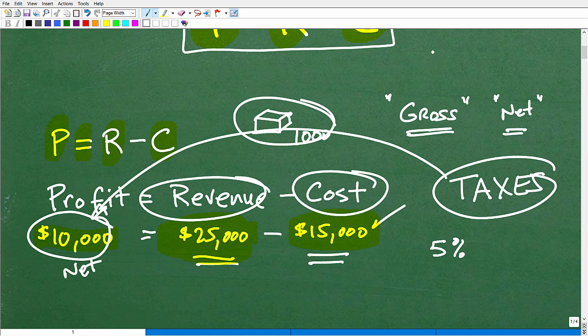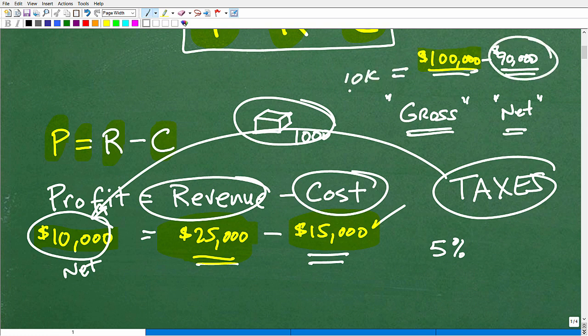Let's say you're making $100,000, but it takes you $90,000 to cover all your costs. It's not enough to say, my business makes $100,000. Well, what was the cost? Oh, it was $90,000. So I only really made $10,000.